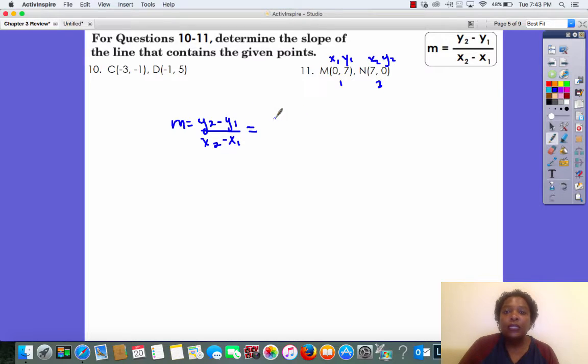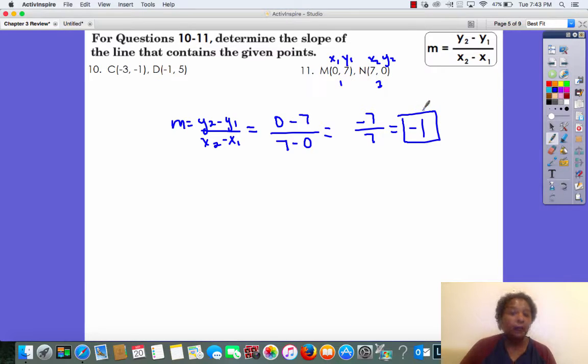Y sub 2 is 0 minus y sub 1, 7, over x sub 2 is 7 minus x sub 1, which is 0. 0 minus 7 is negative 7. 7 minus 0 is 7. Simplify. Slope of this line is negative 1.